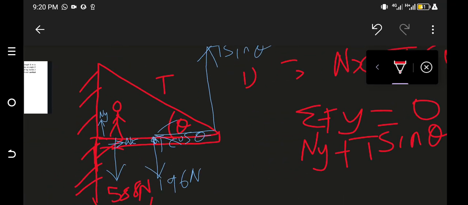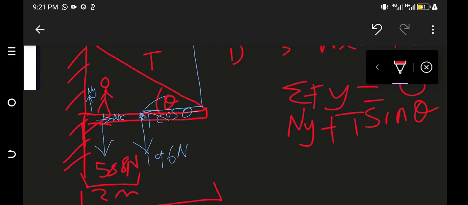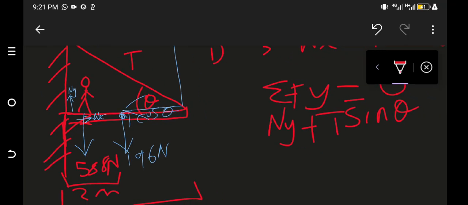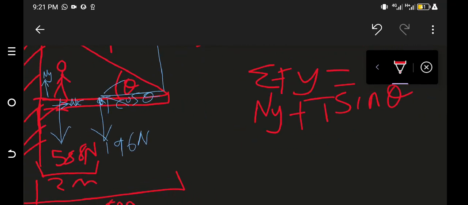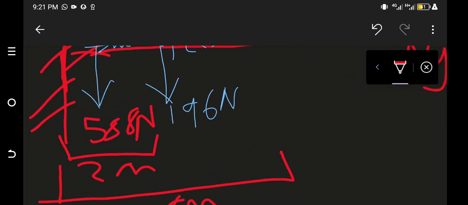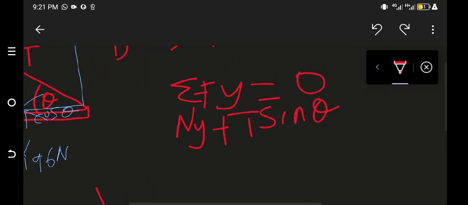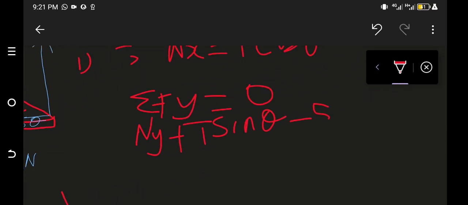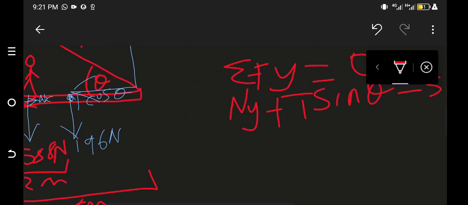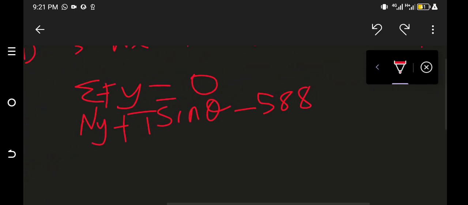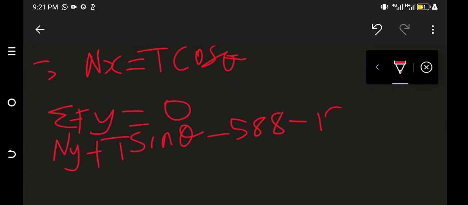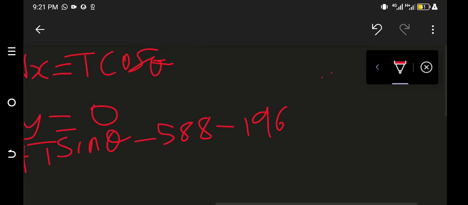Now the other forces are acting downward, so we have to subtract them. The first force in the downward direction is 588, so minus 588. And the other force is also downward, 196, minus 196, and equals 0.